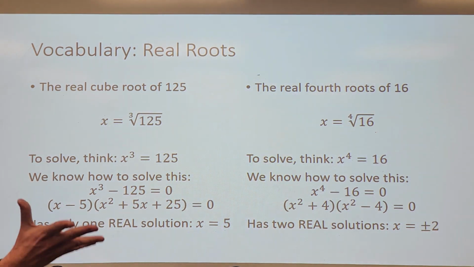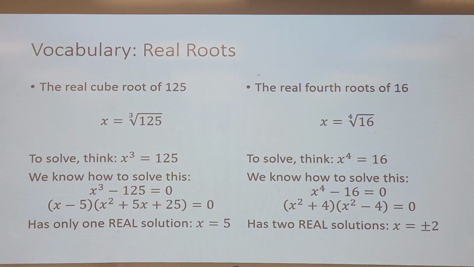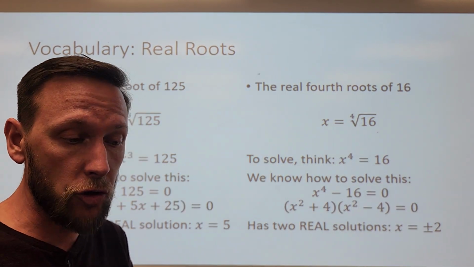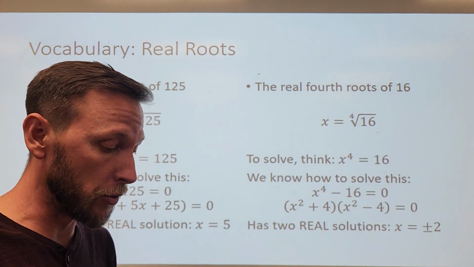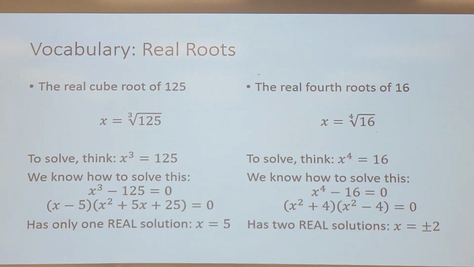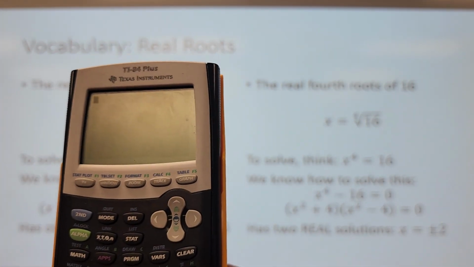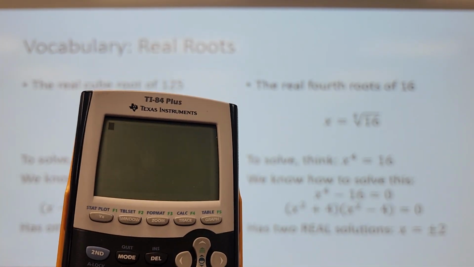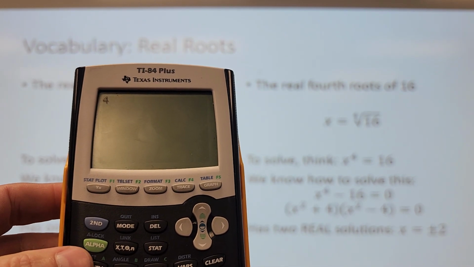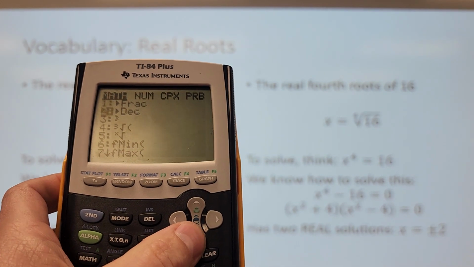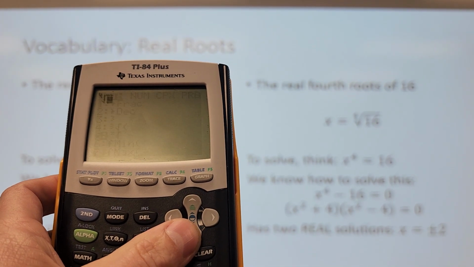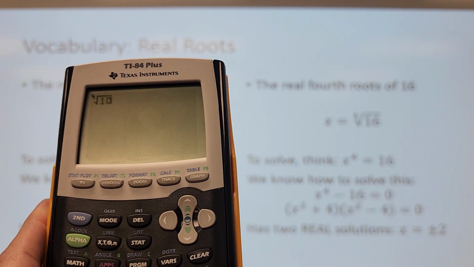Now when it comes to working with that, we can also use our calculator to compute fourth roots. The struggle is making sure that we understand that there's both a positive and a negative fourth root. If I want to do the fourth root, I'm going to press math and then go down to where it says x root. That changes the index of our root, the fourth root of 16.